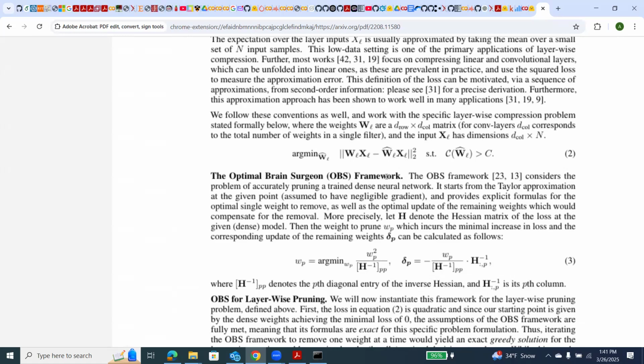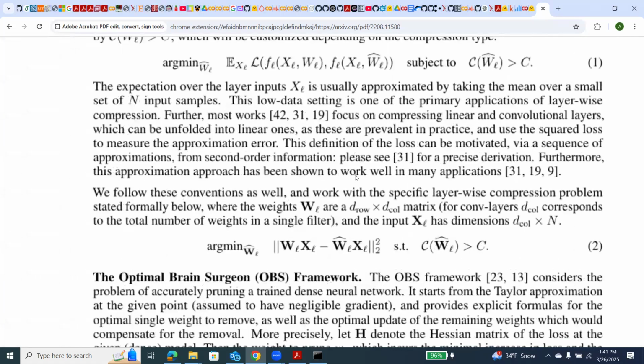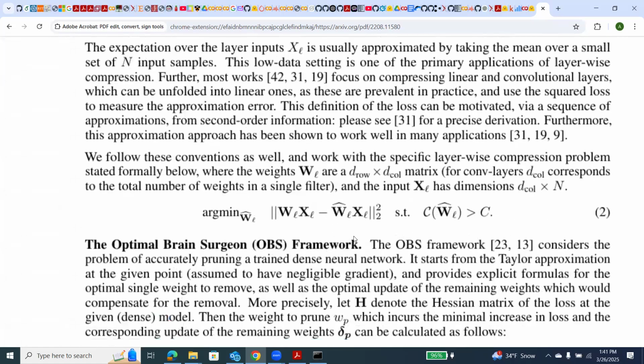And it's impossible to invert. So the idea of this paper, Optimal Brain Compression, is instead of using the entire model, to compress only one layer at a time.